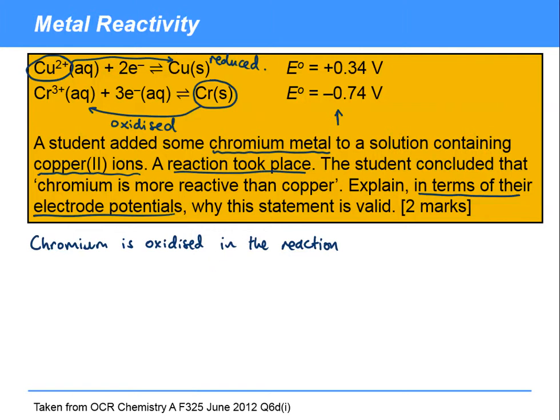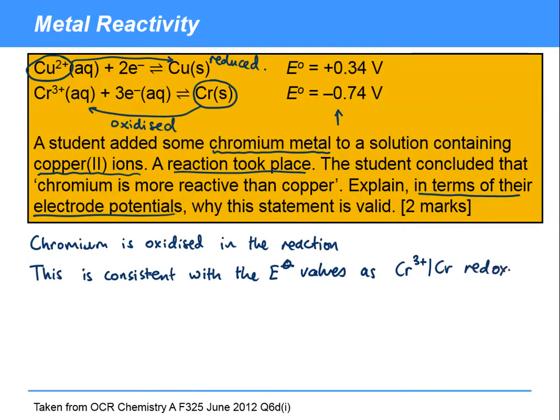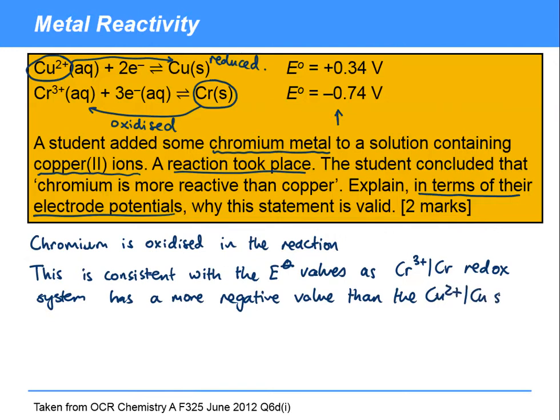This is consistent with the E standard values, as the chromium half cell redox system has a more negative value than the Cu2+ Cu system.